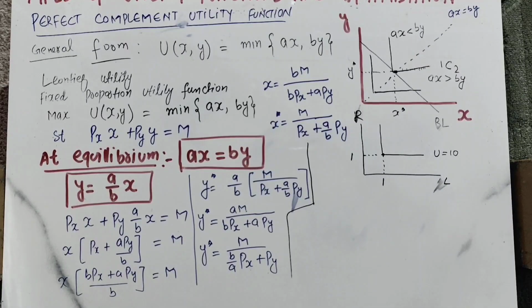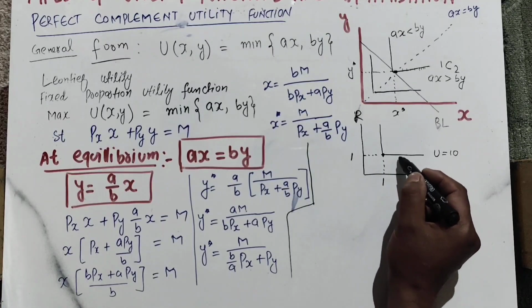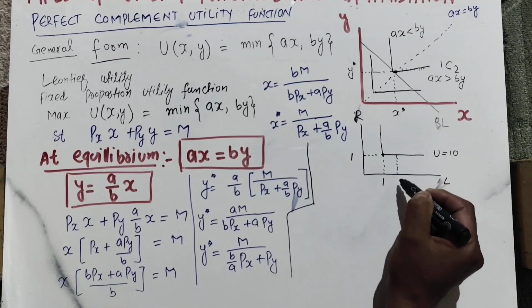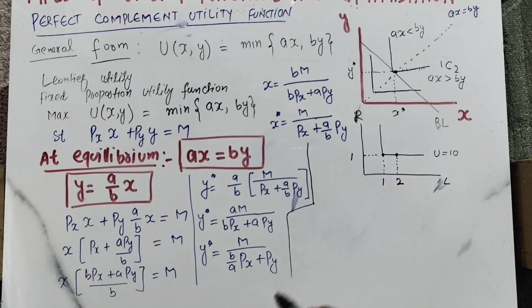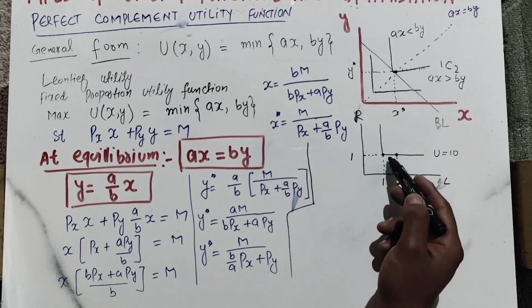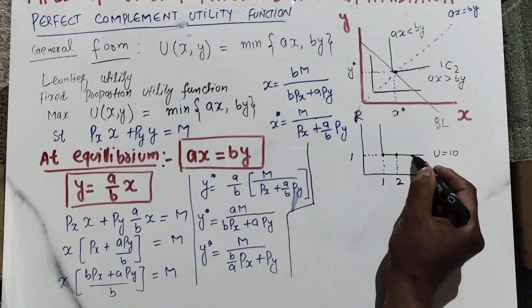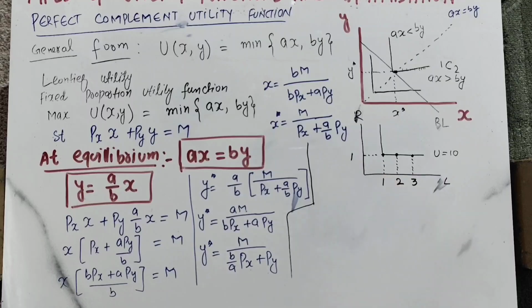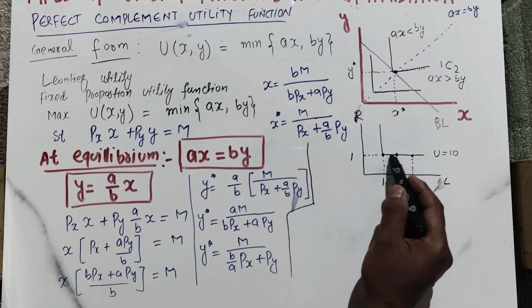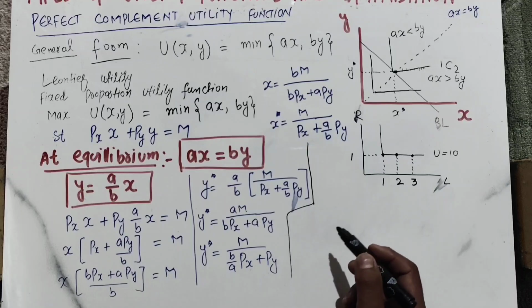So we are getting utility of 10 at this point. Now if I increase the left shoe to 2 but I am not increasing the right shoe, I will be on the same point, my utility will not increase. Likewise, if I increase it to 3, I am still on this line. Because it is L-shaped, utility will remain the same.